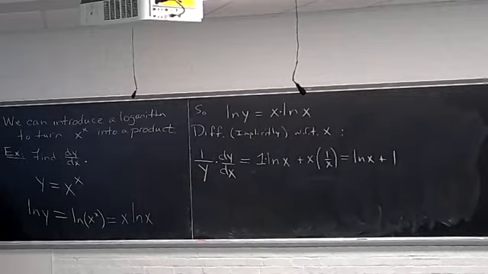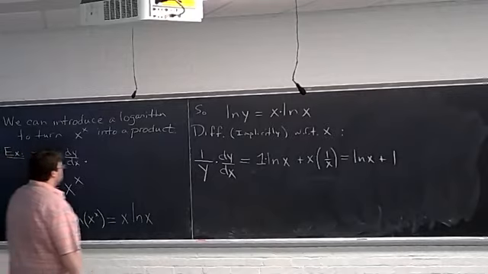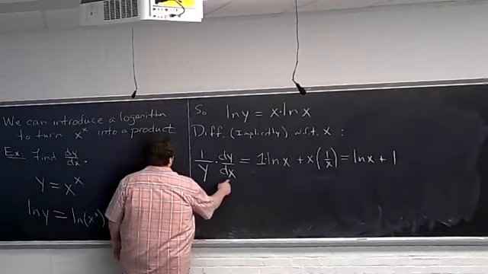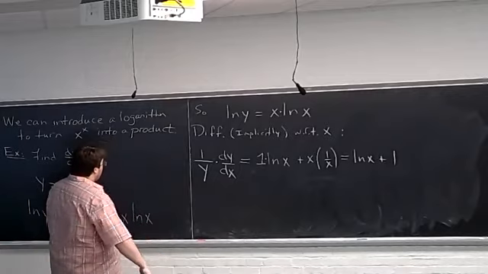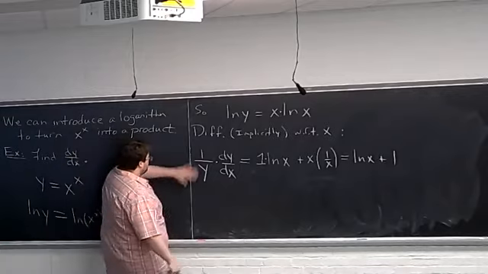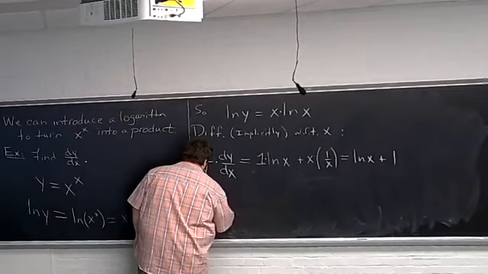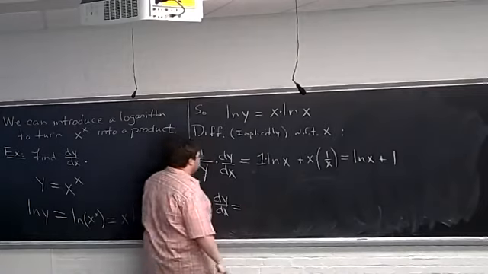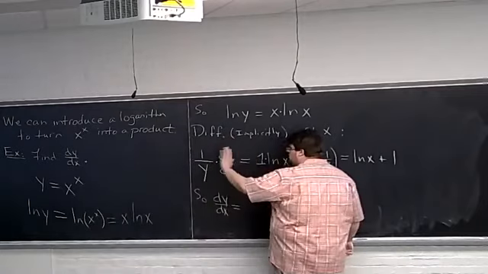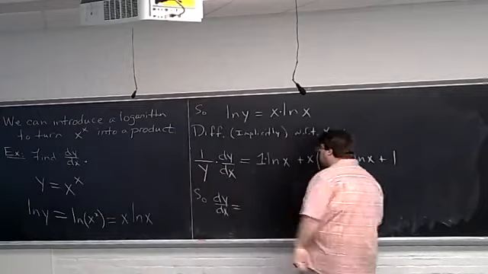Okay, so we wanted to find dy/dx. Well, there it is. But there's 1 over y on it. So we have to get rid of this 1 over y. So dy/dx equals, multiply the left side by y, that goes away.